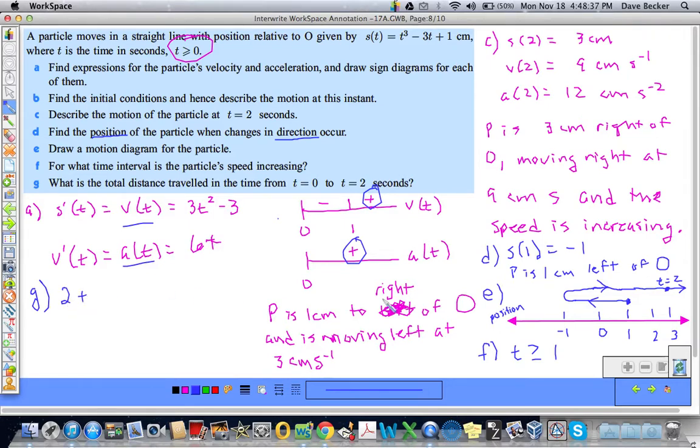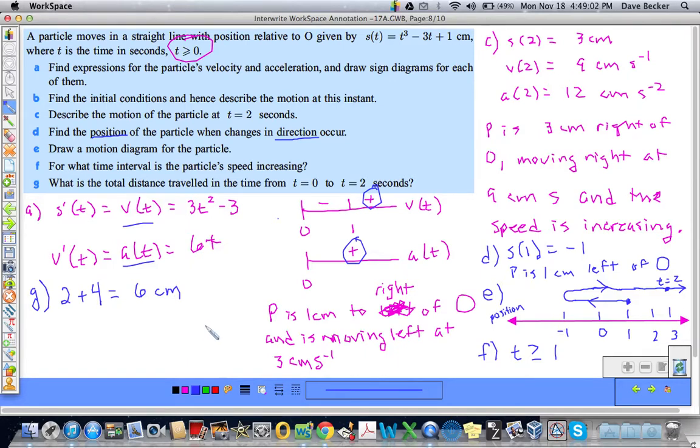And then it traveled to the right. At t equals 2, it was at 3 centimeters to the right of the origin. We know that because s of 2 is equal to 3. So how far is that? Well, that's 1, 2, 3, 4 centimeters. So 2 plus 4 is going to be equal to 6 centimeters.